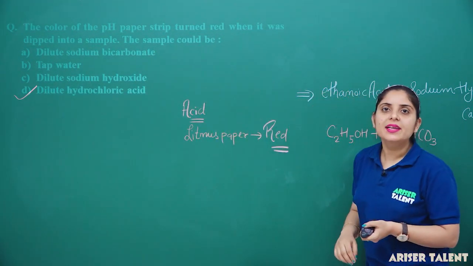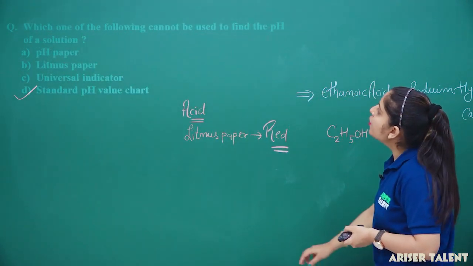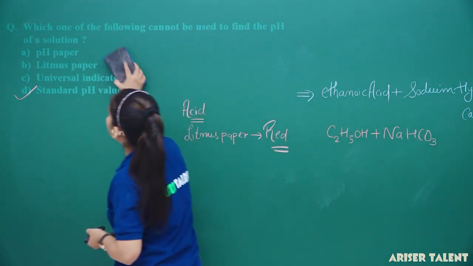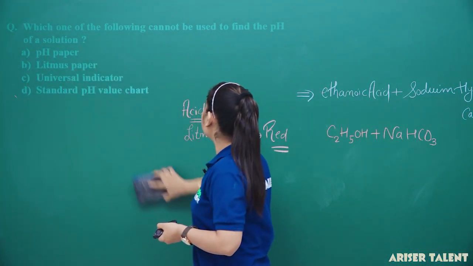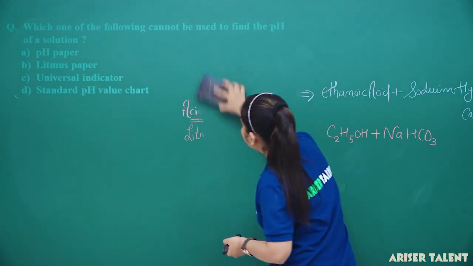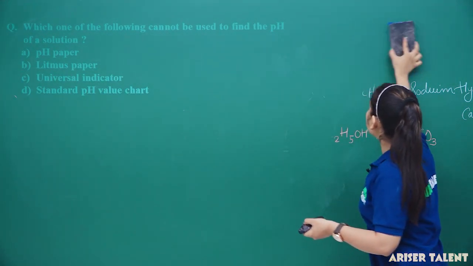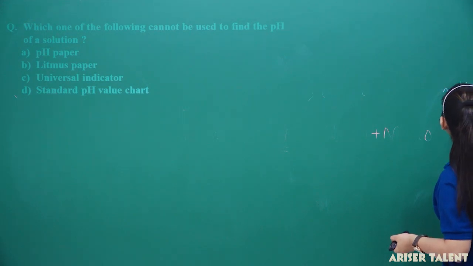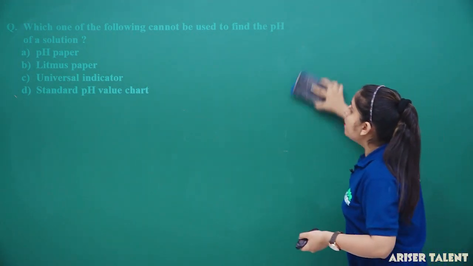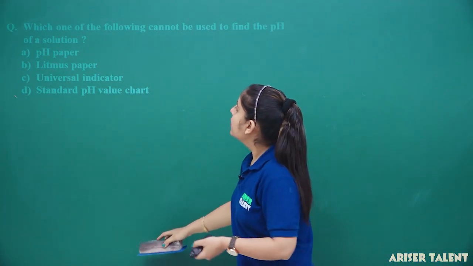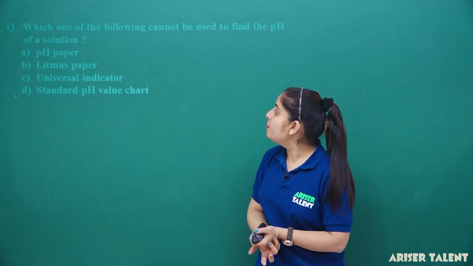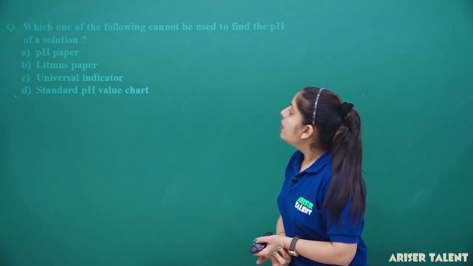Now we are moving to our next question. Which one of the following cannot be used to find out the pH of a solution? Suppose we want to determine the pH of a solution. The pH of the solution can be determined with the help of pH paper, universal indicator, standard pH value chart, or litmus paper.